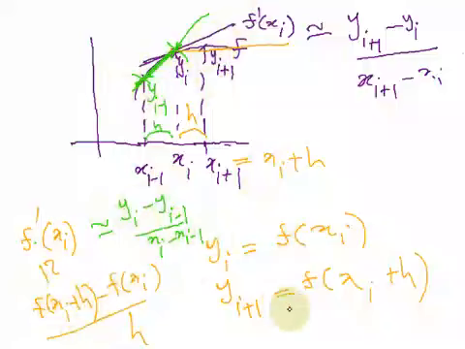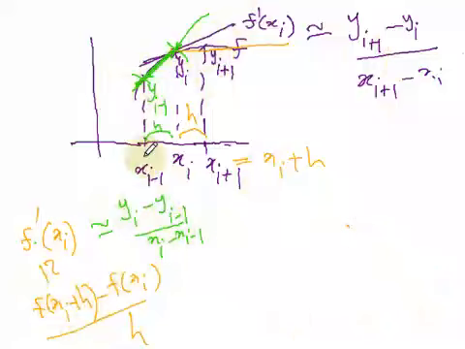If this gap is h, then on the denominator the distance between these 2 points is x sub i minus x sub i minus 1, which gives a positive value, h.